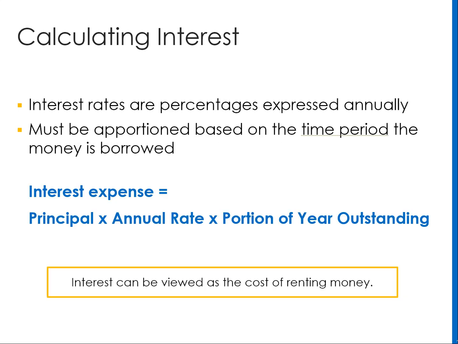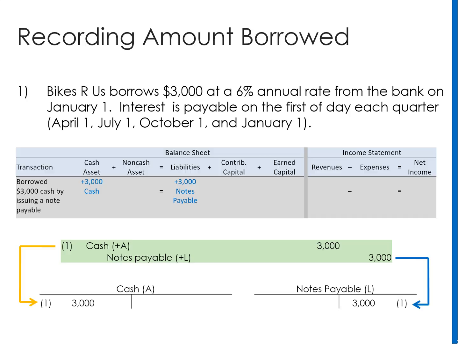So how do we calculate interest? Interest expense equals the principal, the borrowing amount, multiplied by the annual rate, and multiplied by the portion of the year outstanding, or time factor. Alright, here's an example. Borrow $3,000, 6% annual rate.